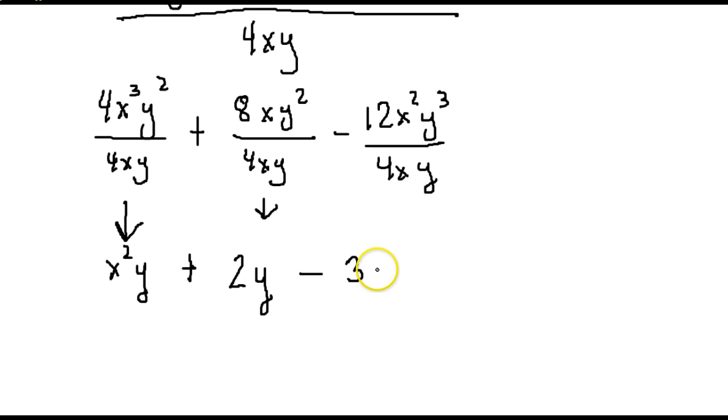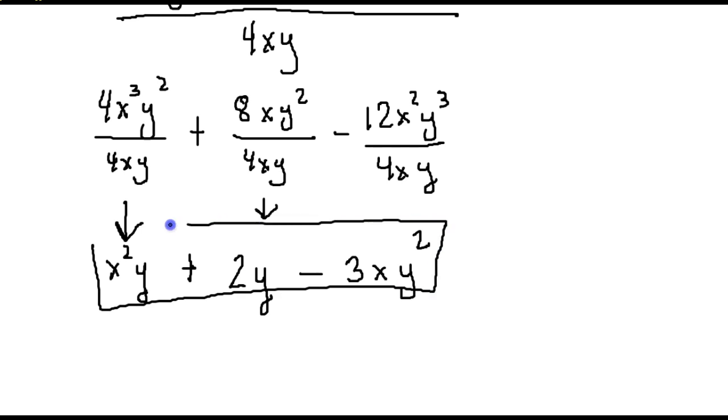Subtract our exponents, we end up with just x. And our y's, we have y cubed over y. So y to the third power minus 1 gives us y squared. So then our answer is x squared y plus 2y minus 3xy squared. And that is as far as we can go with that.